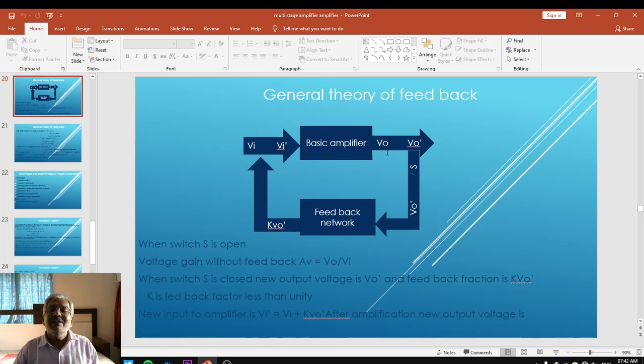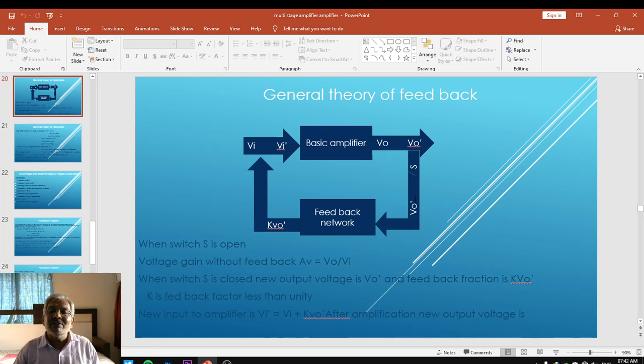Let Av be the gain of the basic amplifier without feedback, which is given as Vo upon Vi. But after feedback has been applied, let the new input voltage be Vi dash and the new output voltage be Vo dash.